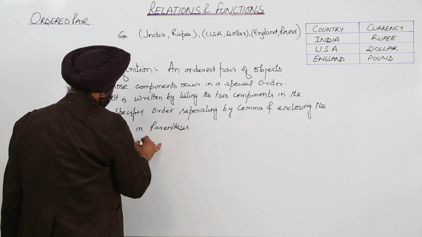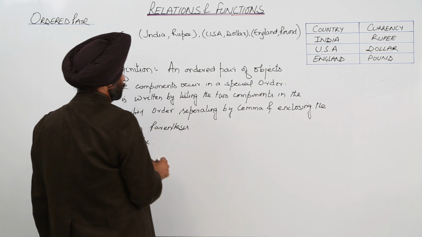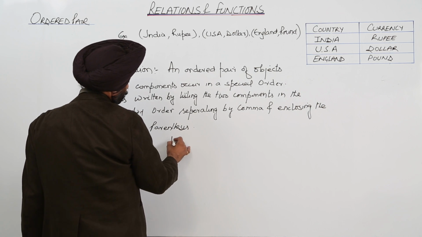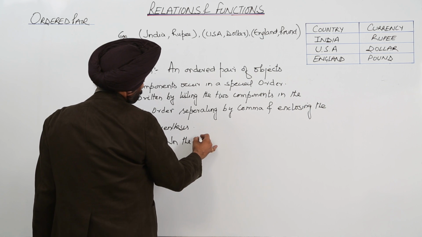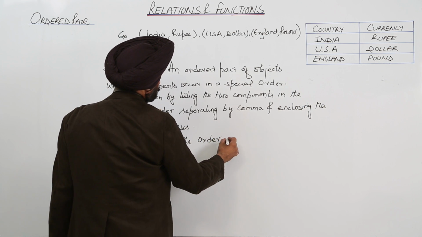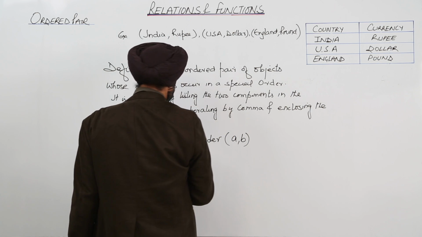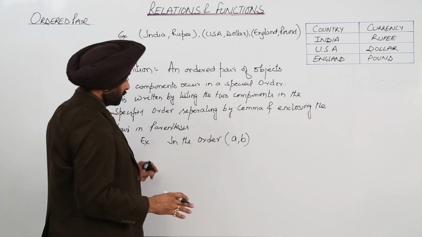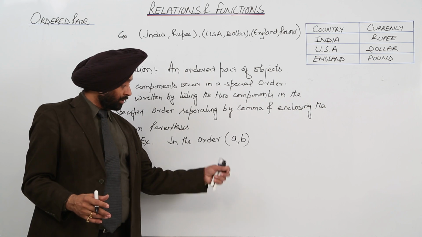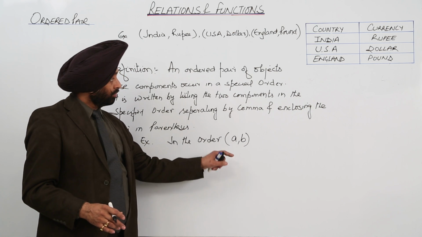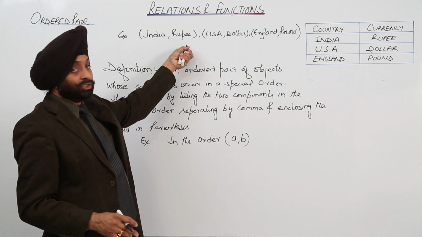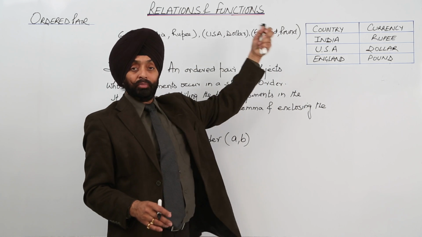Now for example we are writing in the order A comma B. For example, if anything we have written, A and B. Here also this is A, this is B, like this one.